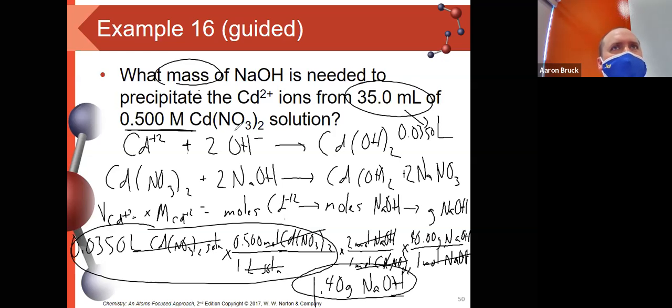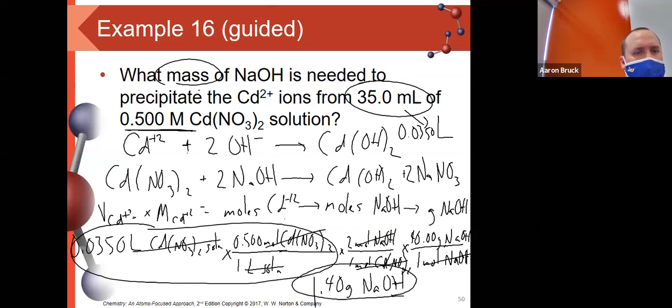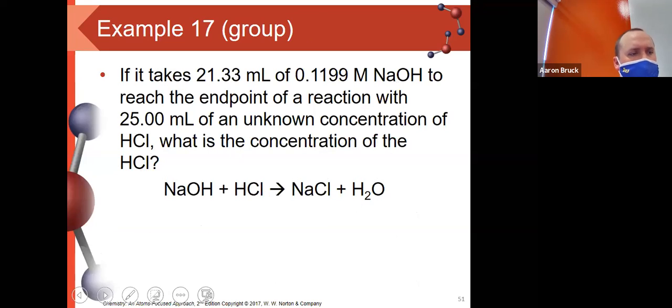Any questions here? Number 16. All right, number 17. I want you to try this one on your own. If it takes 21.33 milliliters of a 0.1199 molar sodium hydroxide solution to reach the endpoint of a reaction with 25 milliliters of an unknown concentration of hydrochloric acid, what is the concentration of that hydrochloric acid?